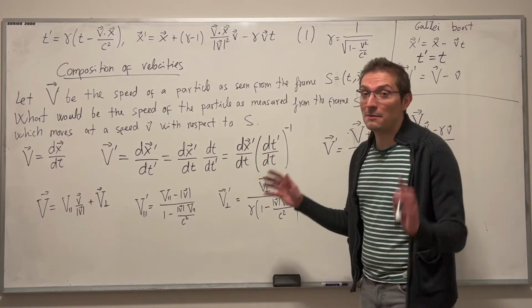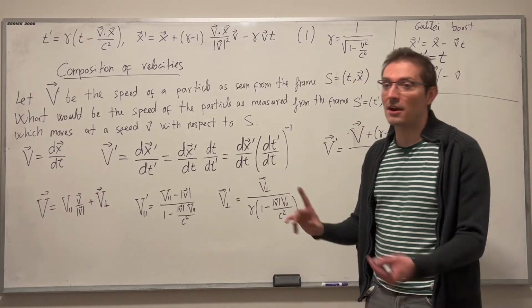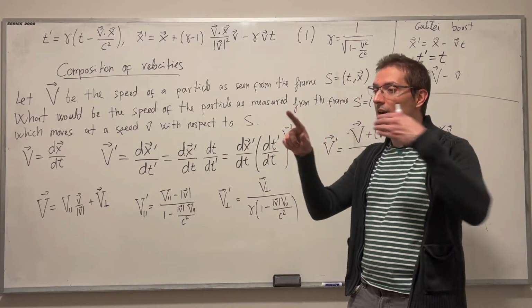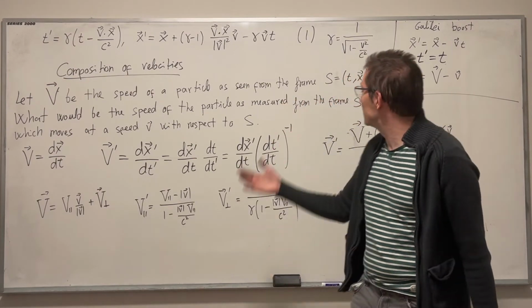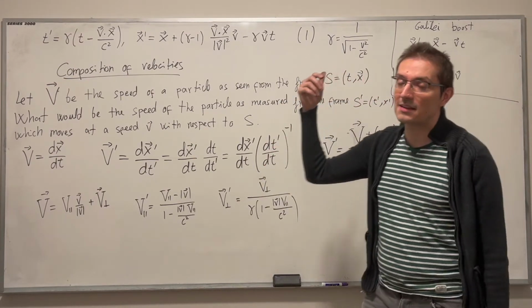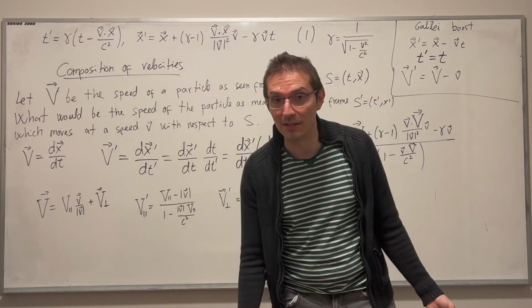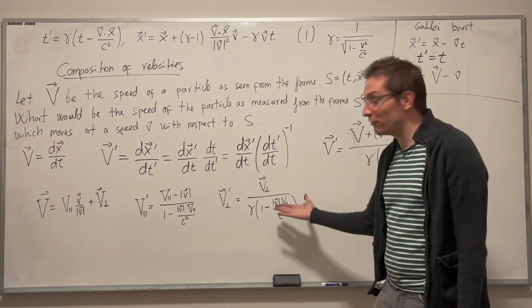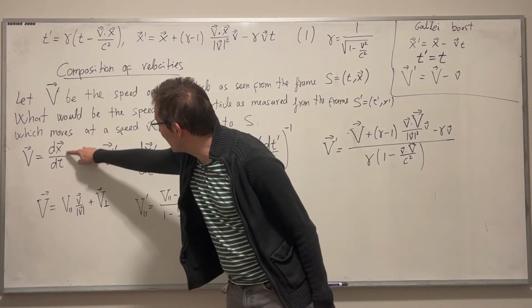The one thing that many people make mistakes with is that they think the perpendicular directions don't get affected, because remember, we saw that if the velocity is in the direction of x, the y and z components don't get transformed, right? Well, that's not true for velocities. Why? Because look at what the velocity is: dx/dt.